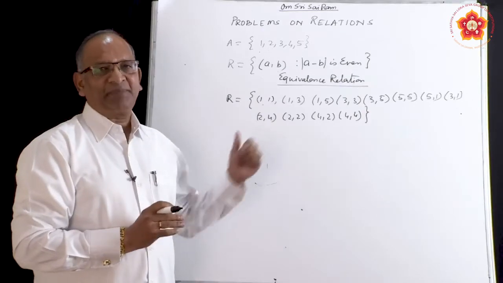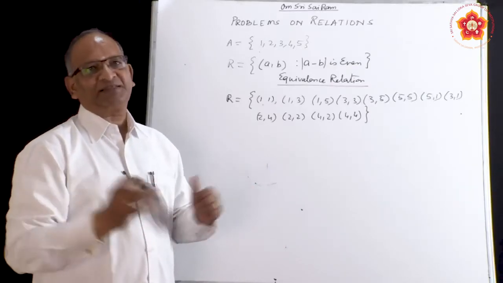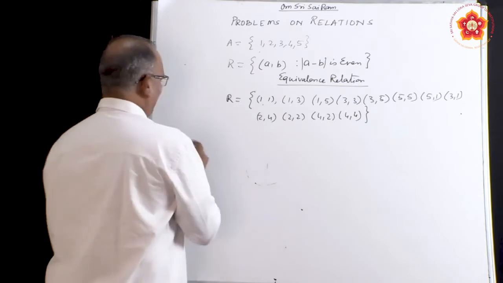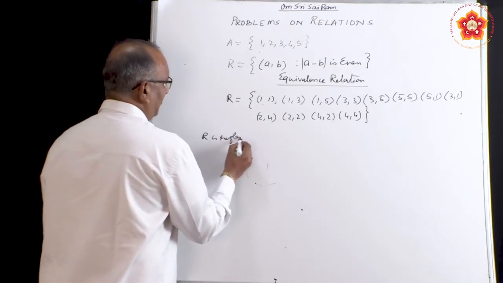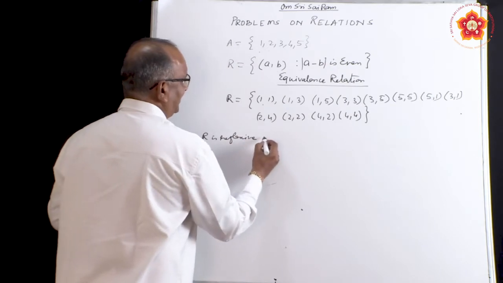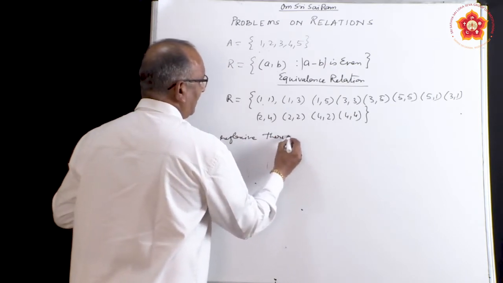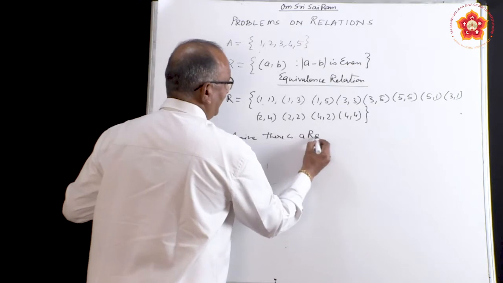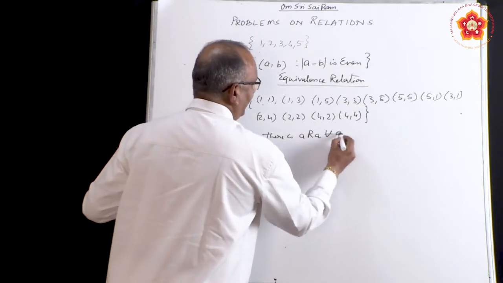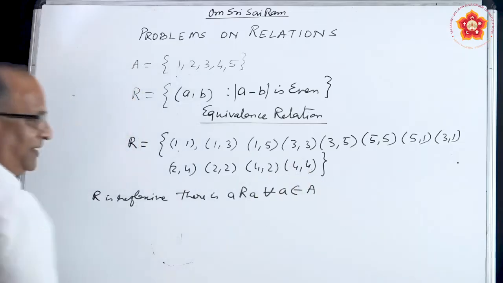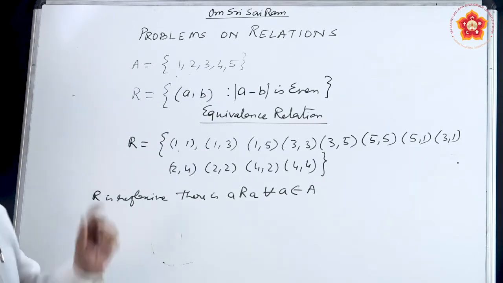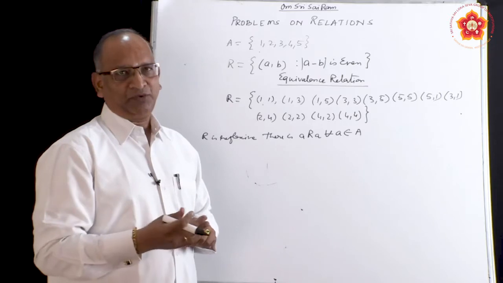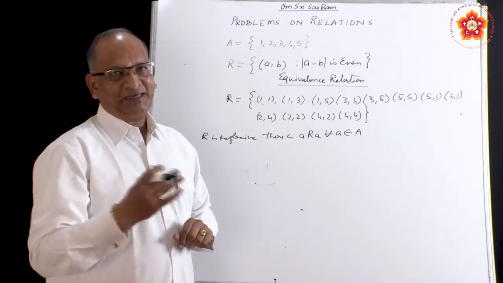Now it becomes very easy to say whether it is reflexive or not. For example, here we can say that R is reflexive. Why is it reflexive? There is ARA for all A belonging to A, which means every element is related to itself. 1 minus 1 is 0, even. 2 minus 2 is 0.